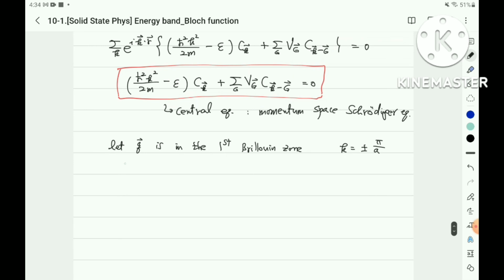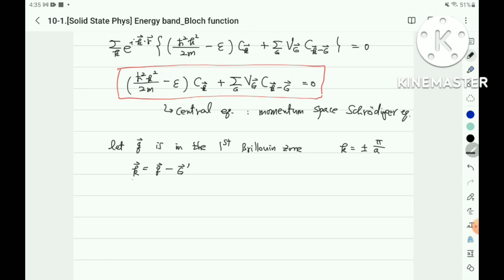Then here the electron momentum k has the form q minus G prime, and here G prime means another reciprocal lattice vector. Because the lattice is periodic, the translation by a reciprocal lattice vector is identical with the original lattice.